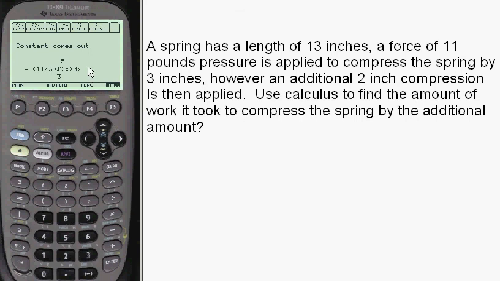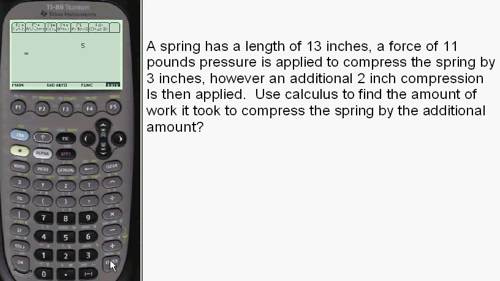Now also in calculus, any constant comes out of the integral. So here's the constant out: 11/3 is out of the integral. Okay. Now we're going to integrate x, which is x squared over 2, and the limits are 3 and 5. Here's 5 and 3, and we're going to bring that constant, the half, out.